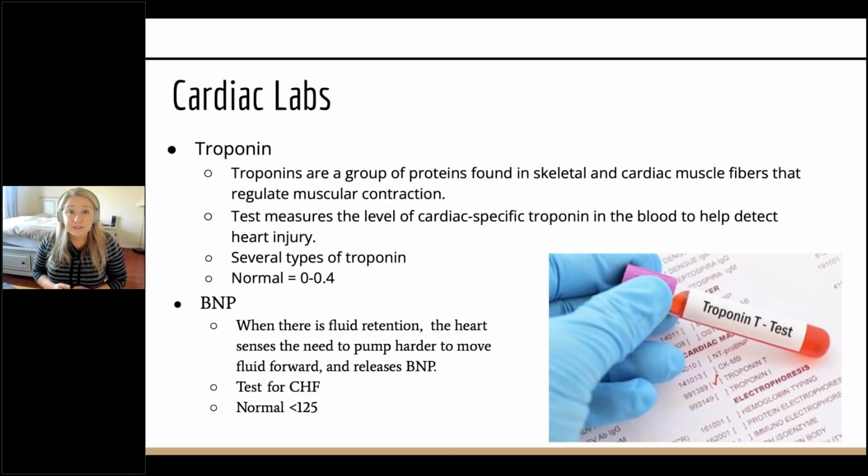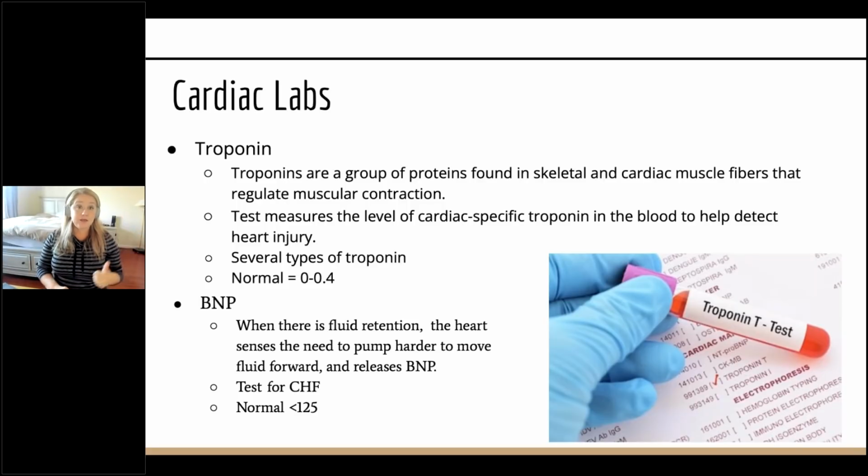So when our patients become very fluid overloaded, they have a lot of volume in their vasculature for whatever reason, we get a lot of blood flow returning to that right side of the heart. That atrium is stretching, and we're releasing a lot of this BNP. That B-type natriuretic peptide is basically the messenger that says, hey, the right atrium is stretching a lot, there's a lot of fluid, the heart needs to contract really hard to move that fluid forward.